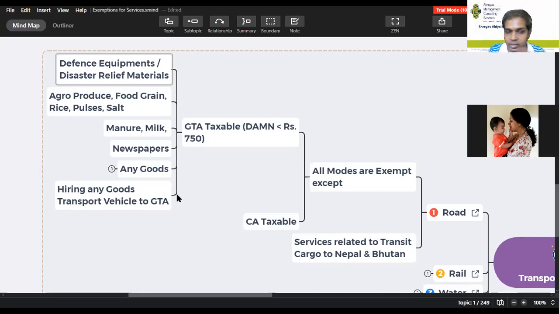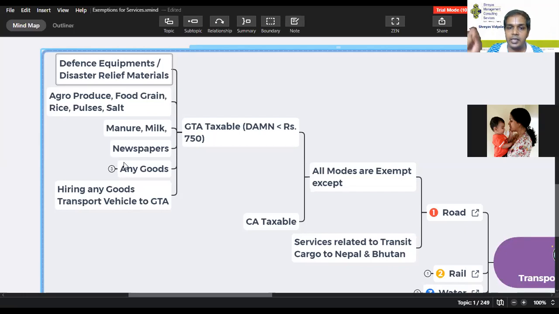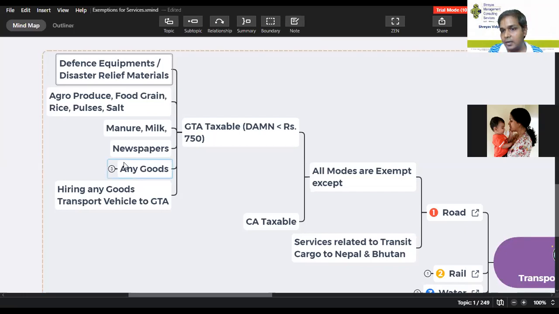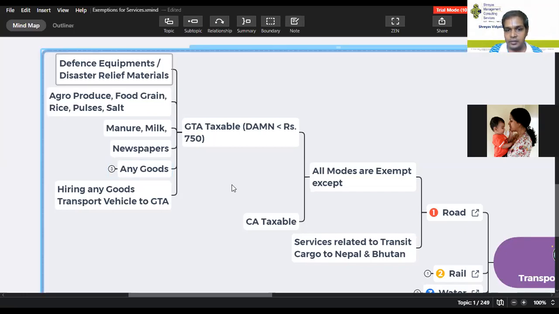Okay, now that's about newspapers. So D-A-M-N. So damn it, M. N represents newspapers, which are exempt. This is about specific products. Then I have also added one more point: 750 rupees. The government is saying, okay, sir, all these products are exempt, irrespective of whatever amount you charge for transporting these products.